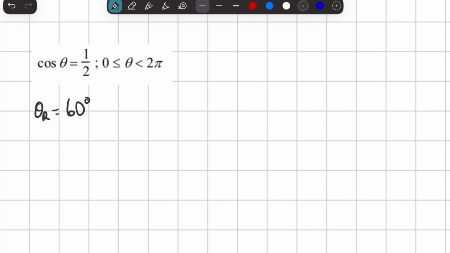Okay, now that we have the reference angle, we can go ahead and see what quadrants it can be in. We know that it's greater than or equal to 0, but less than 360. And in this case, our ratio here is positive, so we know that it's either in the first quadrant or the fourth quadrant. So for quadrant 1, theta equals 60, and for quadrant 4, theta equals 300 degrees.